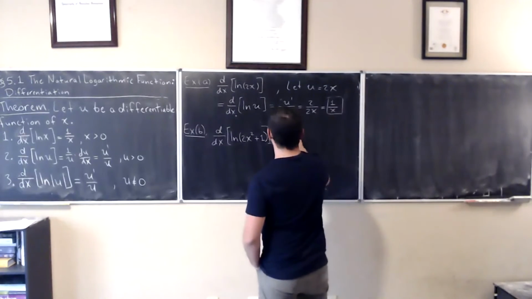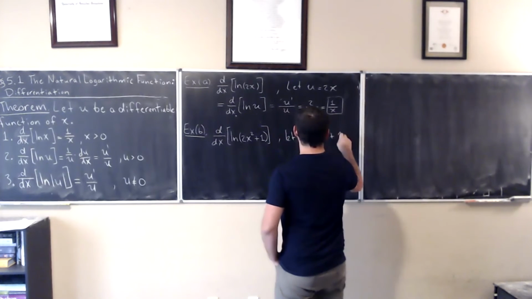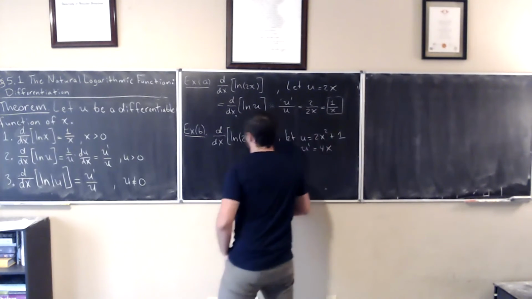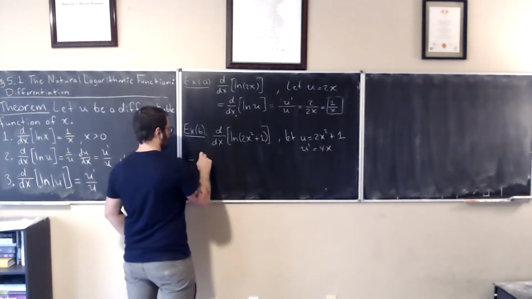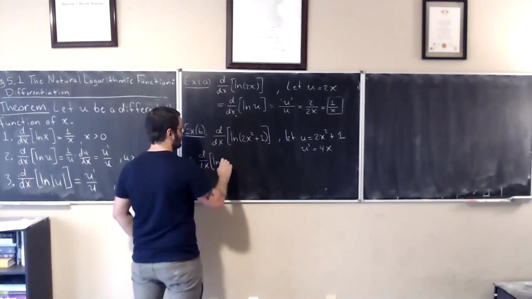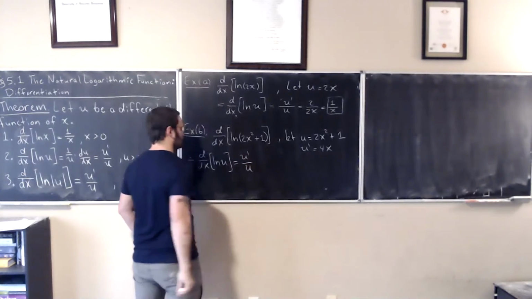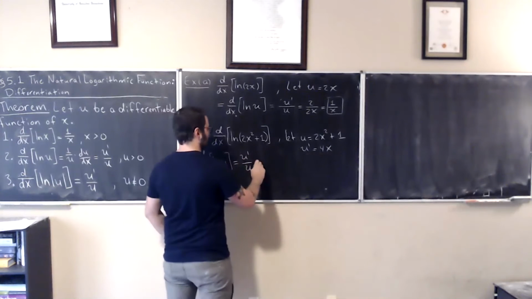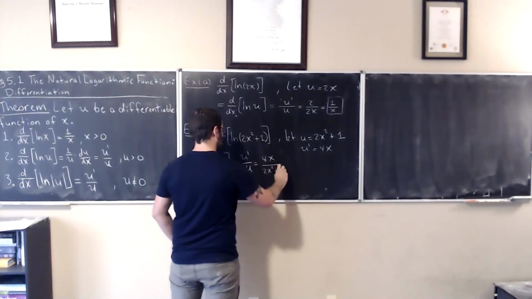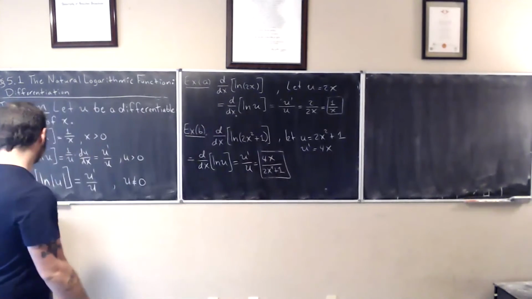So if we say let u equal 2x squared plus 1, then u prime is equal to 4x. I'm writing out a few more steps than I would typically do, just so you can see how to apply the rules. Like that. And then we have that this is that. Not too bad, right?